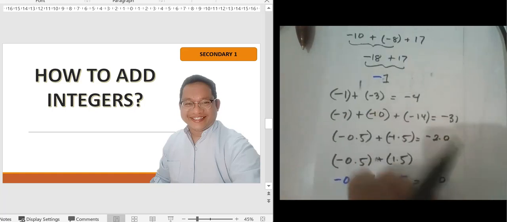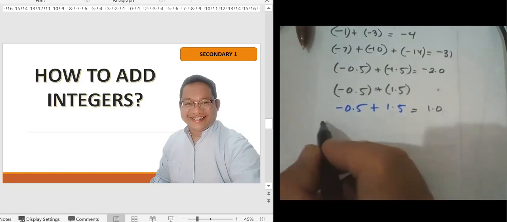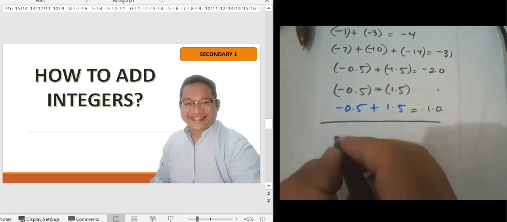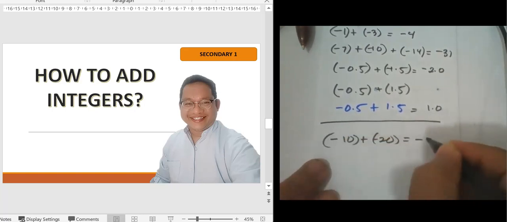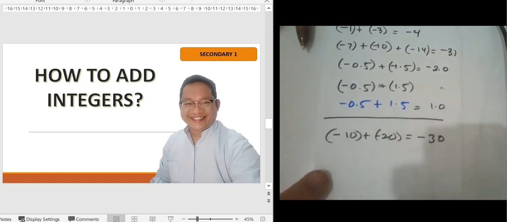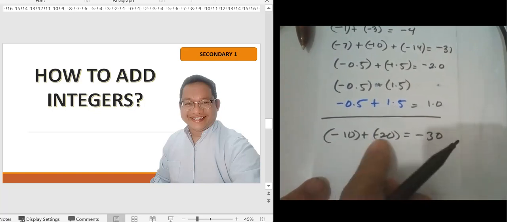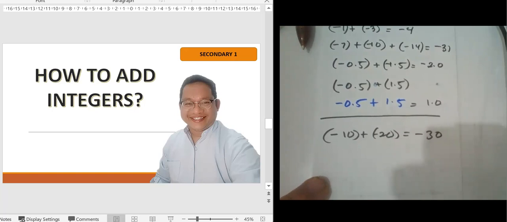This is important. Again, just to summarize before we proceed: if you have two numbers with the same sign, let's say negative 10 plus negative 20, I'll put them in brackets because they're all negative, that's negative 30. What we're going to do is simply add them and copy the same sign.